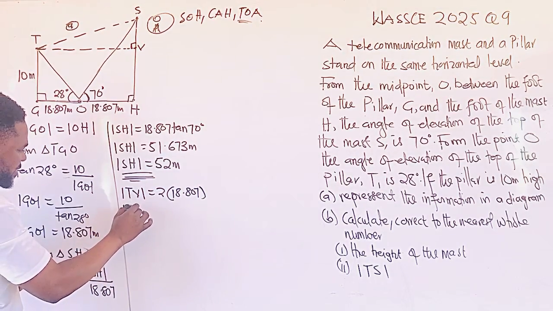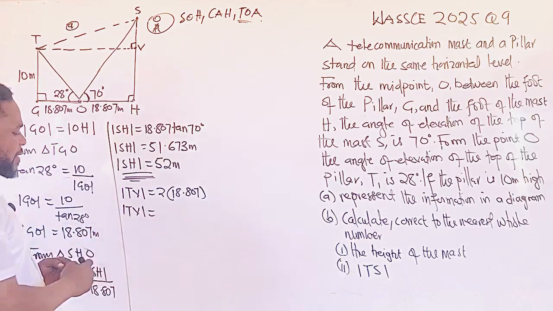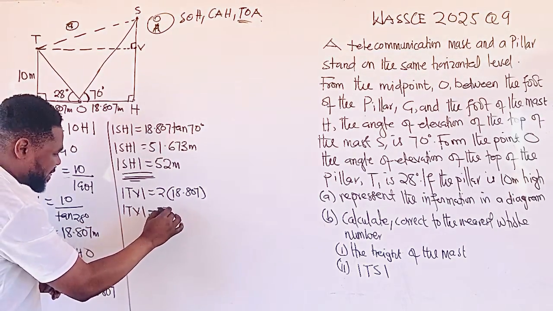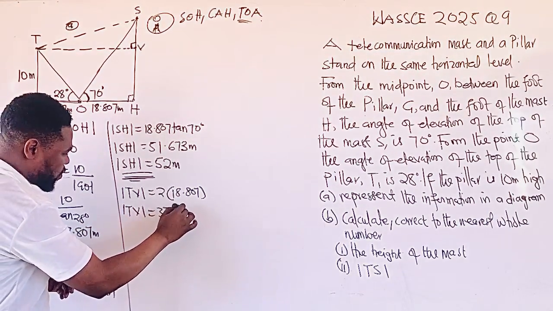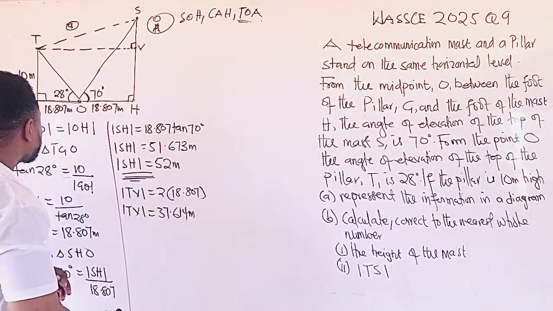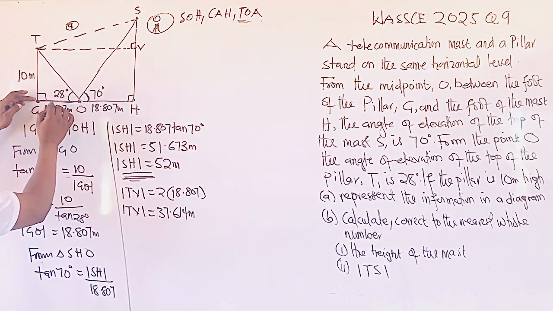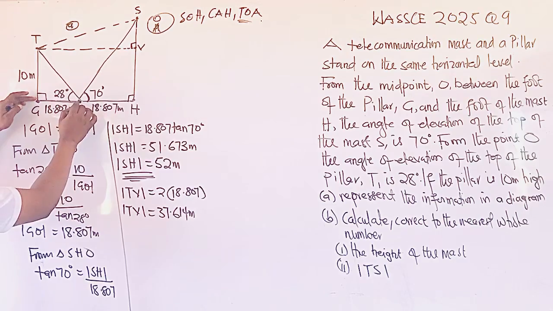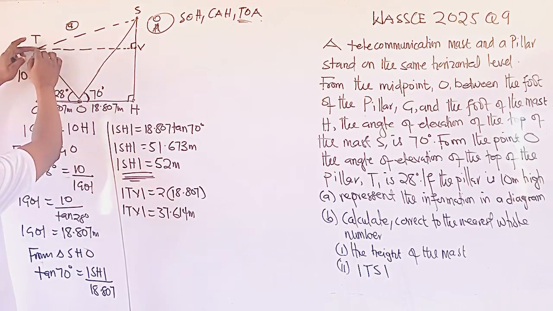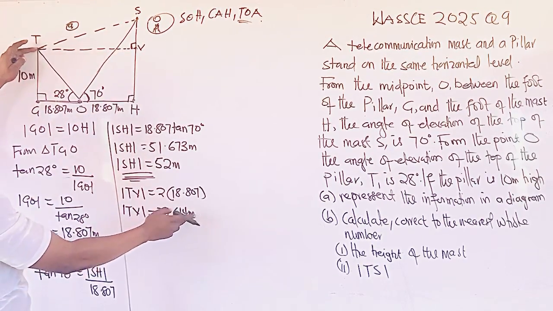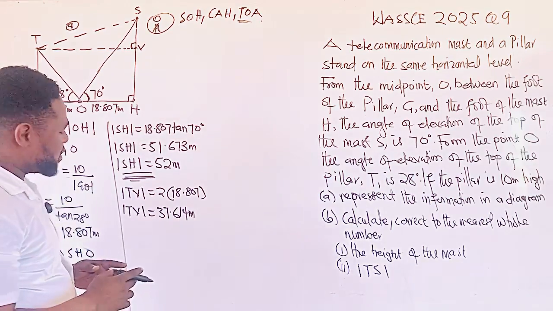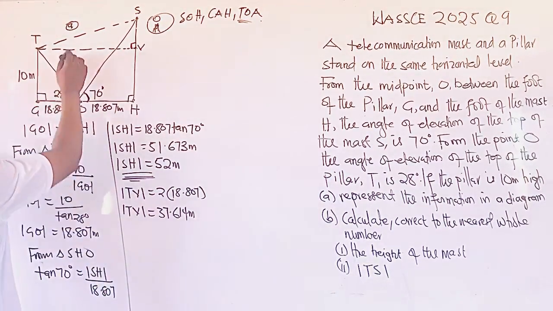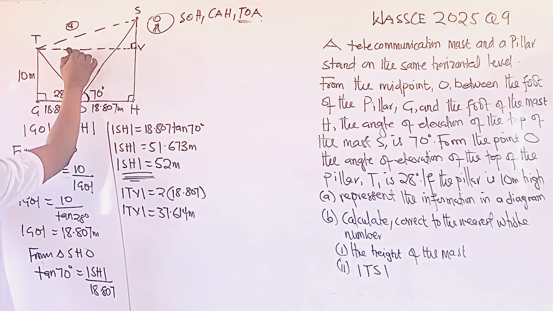And when we fix this into our calculator, we are going to get 37.614 meters. So it means when we add from G to O and O to H, it will give us TV, which is 37.614 meters.